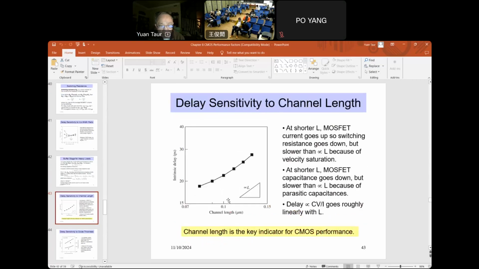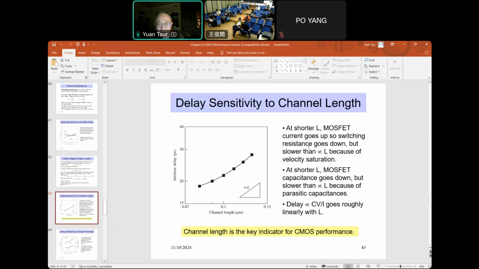When L becomes shorter, capacitance becomes smaller, and current becomes larger. But the current goes up because of velocity saturation, so the current doesn't go up as 1 over L. Also, the capacitance doesn't go down as L because there are parasitic capacitances that do not depend on the channel length.